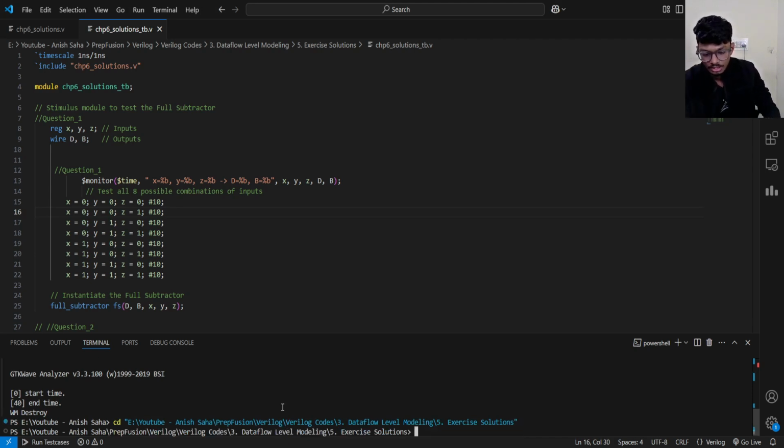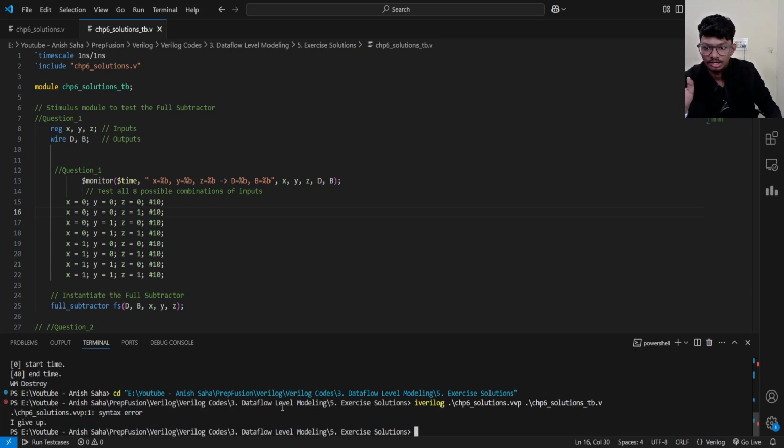Now I will do iverilog, then the design file, then the test bench Verilog file. I will press enter.